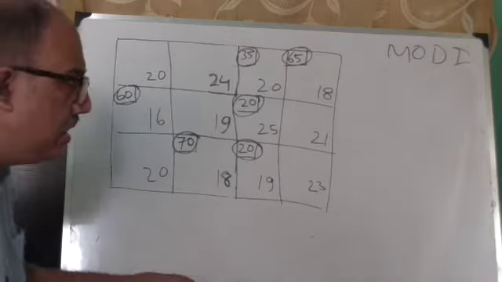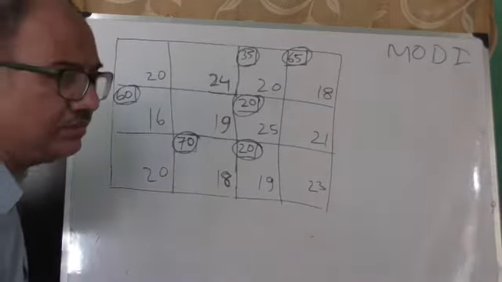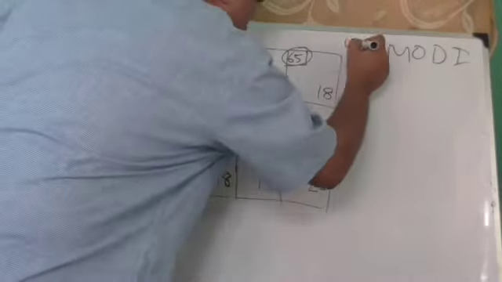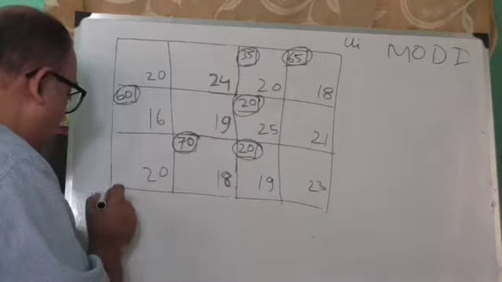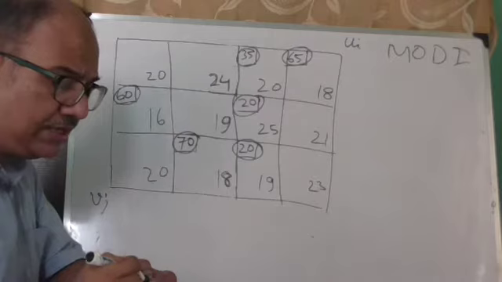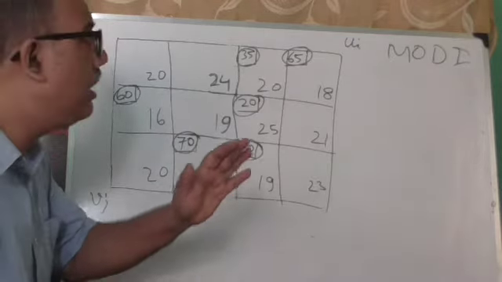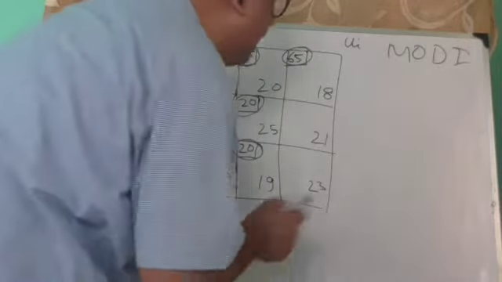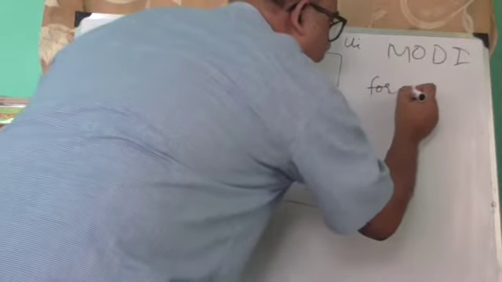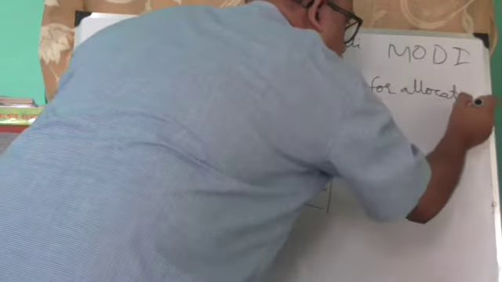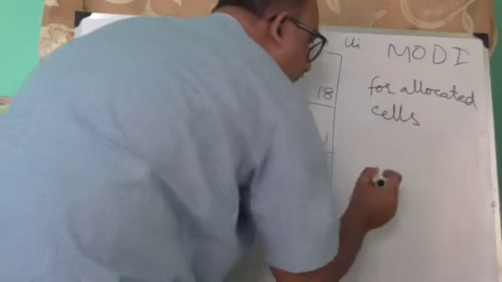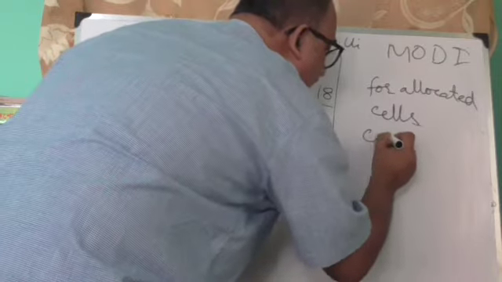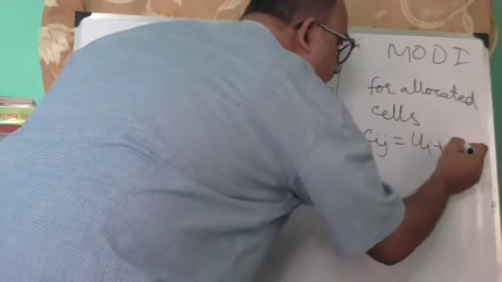In the MODI method, what we have to do is calculate certain values, named as Ui and Vj. They are actually shadow prices. Now we have to calculate Ui and Vj for allocated cells. It is very important to keep in mind that for allocated cells, the following formula must be satisfied: Cij is equal to Ui plus Vj.